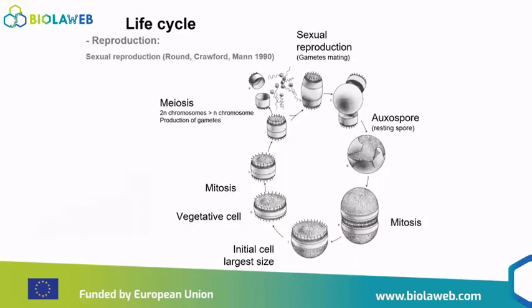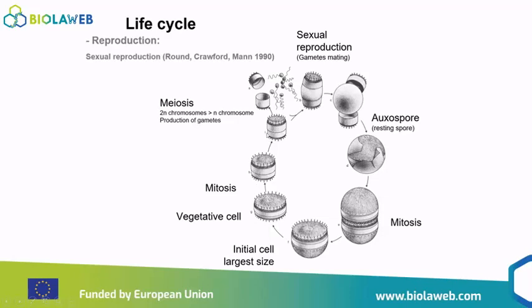The second kind of reproduction is sexual reproduction. So here again, you can find this nice scheme in the book of Round, Crawford and Mann. So if you have here a vegetative cell, you will have progressively some mitosis. So this is the classical reproduction that I showed you just before.